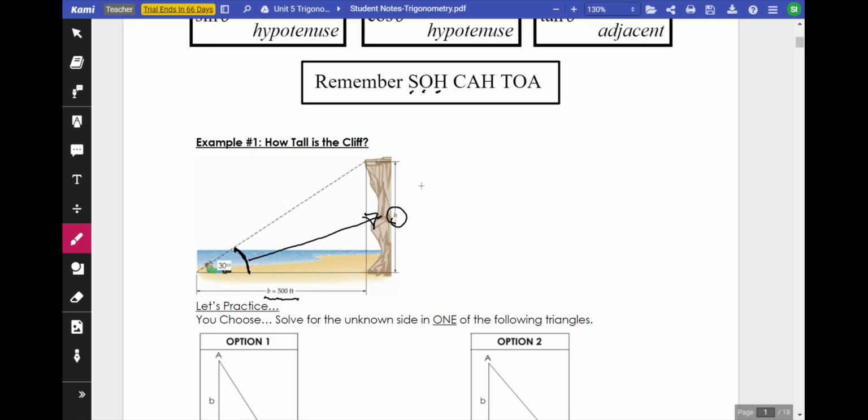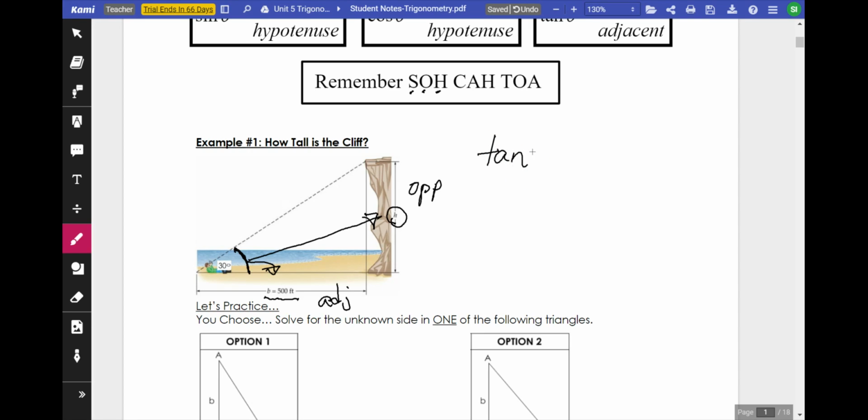That's the opposite side. And the one right beside the angle is the adjacent side. So in this case, we have an angle and we're looking for the opposite side and we know the adjacent. So you look at your trig ratios, whichever one includes opposite and adjacent, that's the one you use. And in this case, it is the tangent.